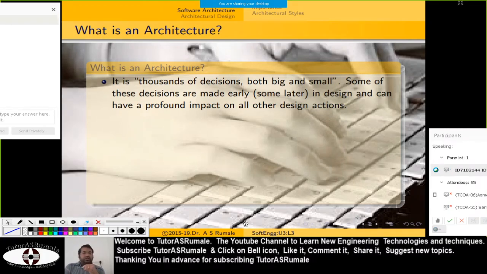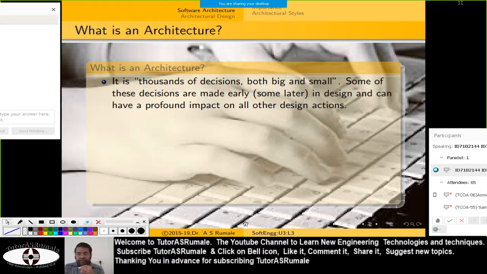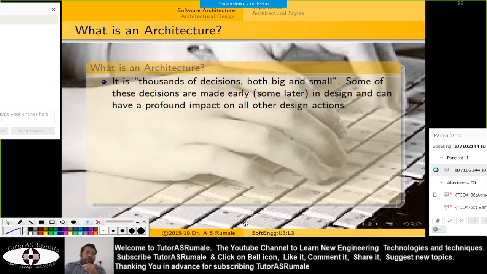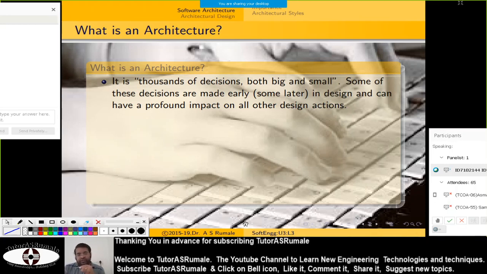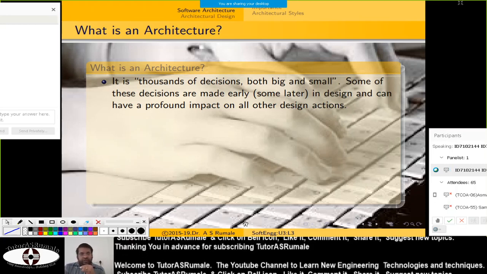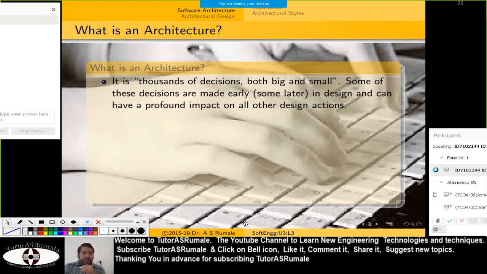For example, suppose someone gives you 1 lakh rupees to design and develop an e-shopping software for them. That is the shop example that we discussed in our last lectures. And you said okay, we are going to design it.